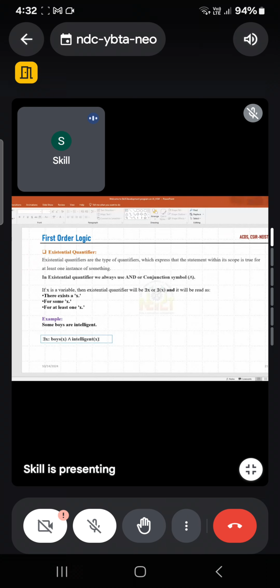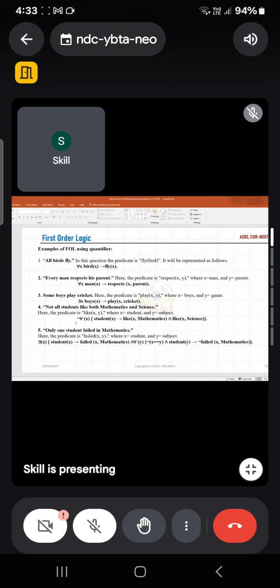We combine these together using the and, or conjunction, symbol, and these two are combined to explain this particular sentence. Before moving on to the examples, I have written something, so I will explain that also.